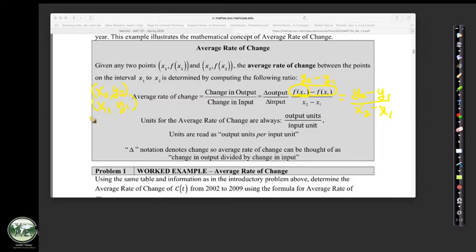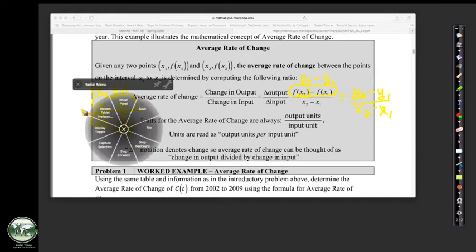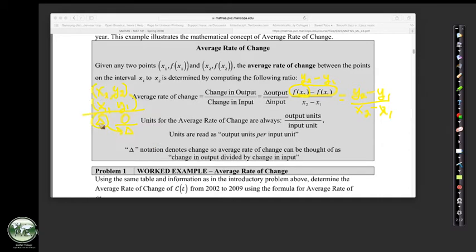But I do it with numbers. I'm subtracting them, and I get a value. Subtracting these, I get a value, and I take my value and tuck it underneath. So it's really the same thing that we're doing when we just take the points, but it's a little bit easier because then we don't have to use formulas.